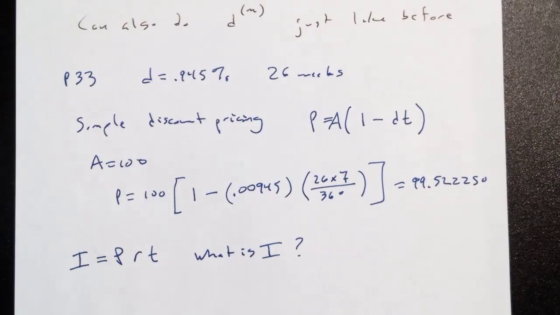I didn't earn a whole lot in 26 weeks, but how much interest did I earn? I put in 99.52, and I got out, how much did I get out?